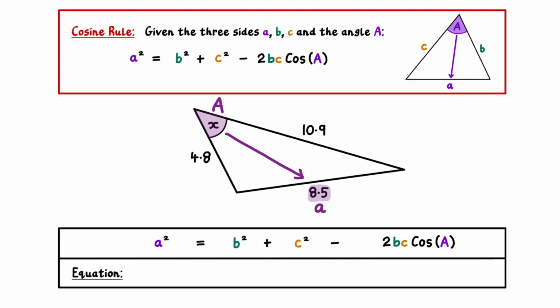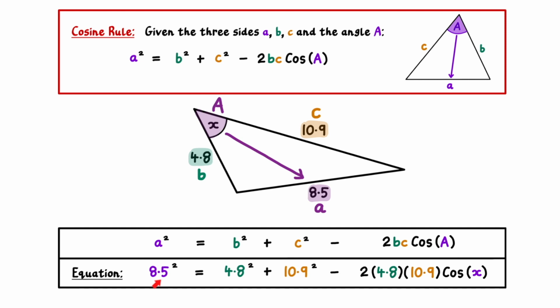The other two sides, 4.8 and 10.9, get labelled with B and C. When we write these values into the cosine rule, we get the following. 8.5 squared equals 4.8 squared plus 10.9 squared minus 2 times 4.8 times 10.9 times the cosine of x.